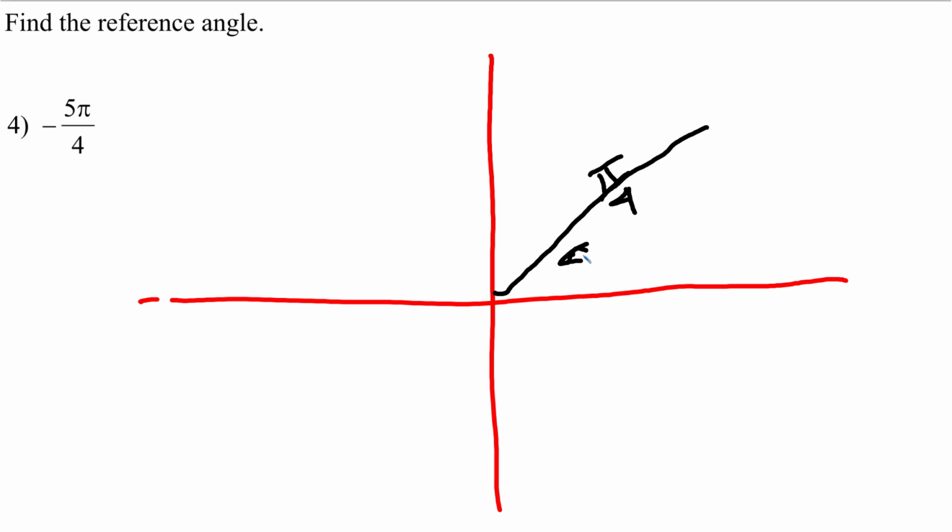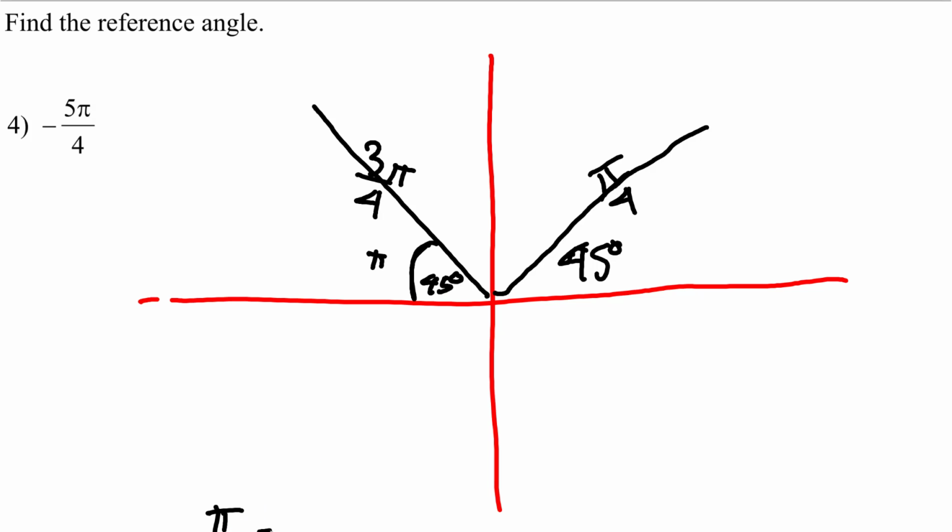That reference angle is 45 degrees. 3 pi fourths is here. Well, this reference angle is 45 degrees. The reference angle, 45 degrees, and pi fourths are the same thing. One is in radians and one is in degrees.